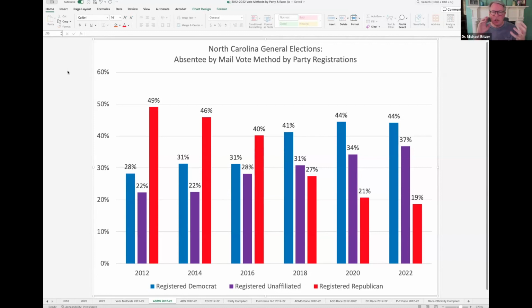I was trying to reconcile what he was saying in terms of decrying vote by mail and supporting vote by mail.